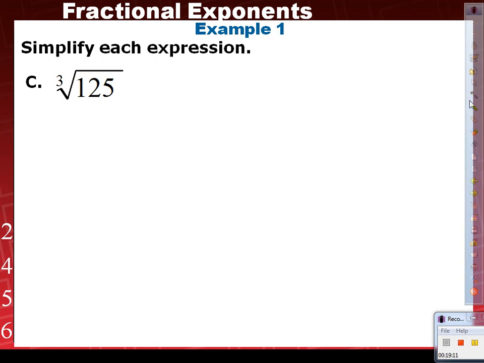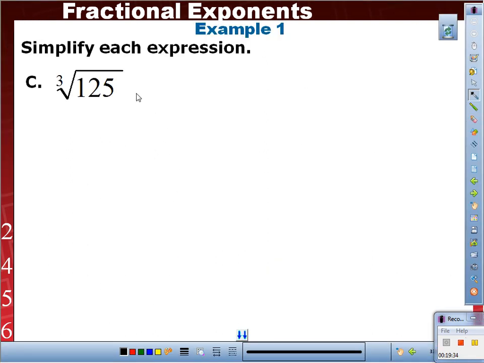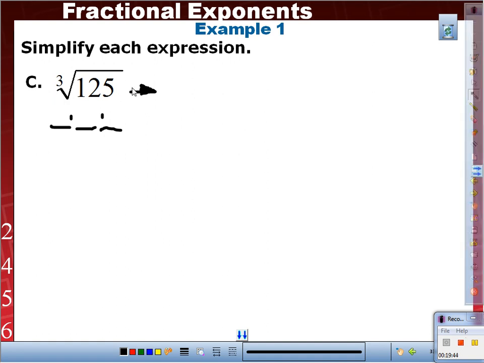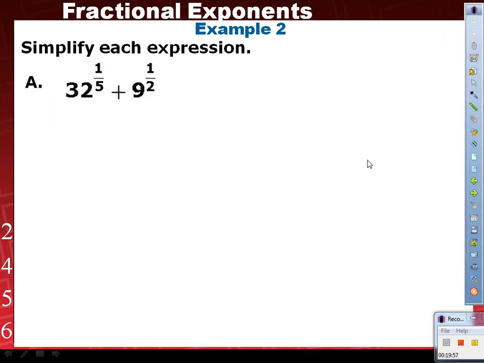Tell your neighbor what is the root. What number times itself 3 times gives us 125? Everyone. 5 is correct. 5 times 5 is 25. Times 5 is 125. Okay? Next, example 2. Copy this one.